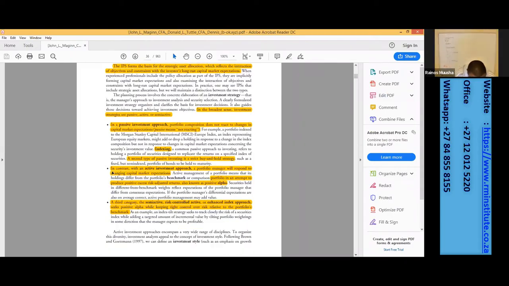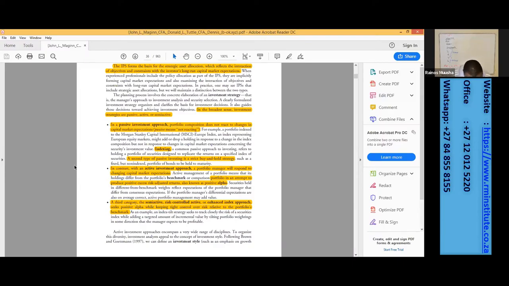The second type of investment strategy is active investment strategy, where they say on the second bullet, in contrast with an active investment approach, a portfolio manager will respond to changing capital market expectations. So active management is a portfolio whose holdings differ from the portfolio benchmark or comparison portfolio in an attempt to produce positive excess risk-adjusted returns, also known as alpha.